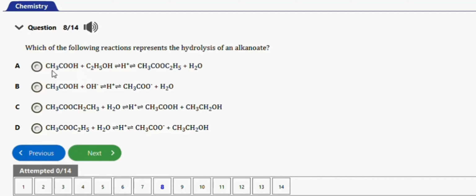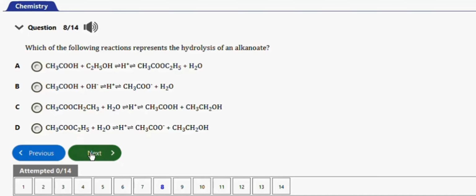Water has to be involved, so it's obvious it will be this option D, where water reacts with our ethyl ethanoate. So that's the right answer to this question, option D. It's not option C guys, the correct one is option D.